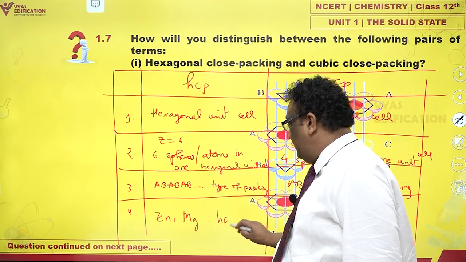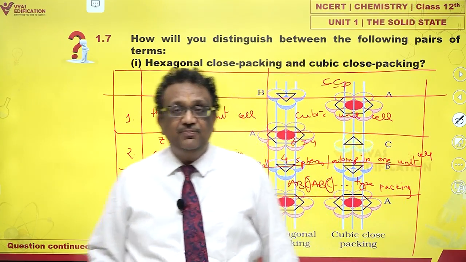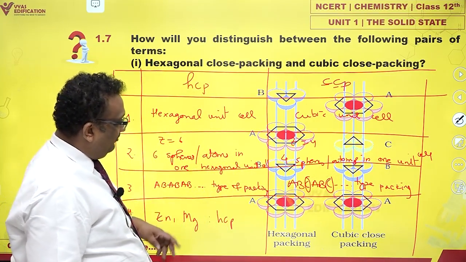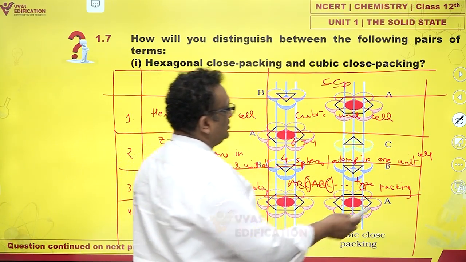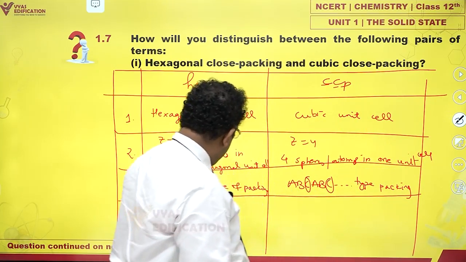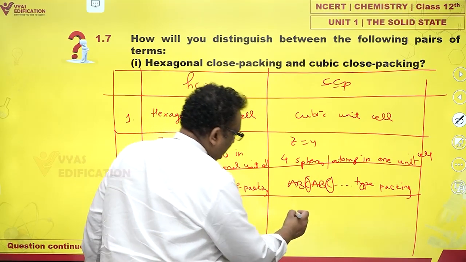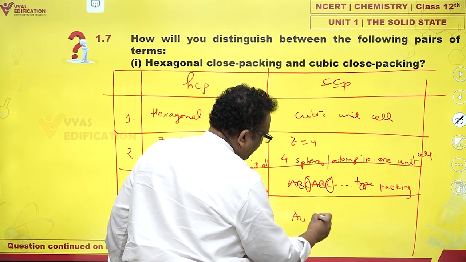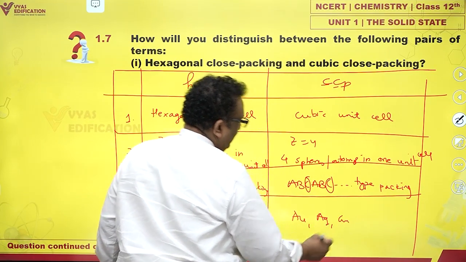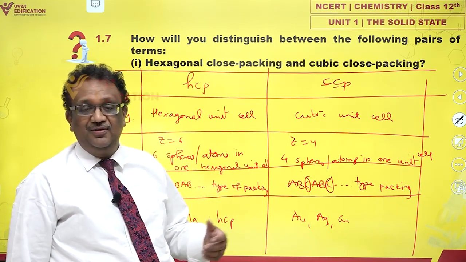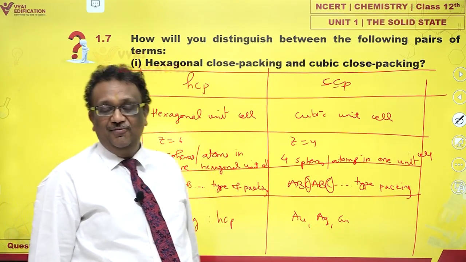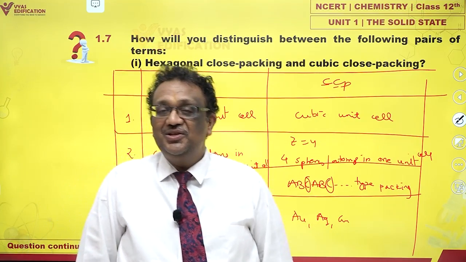They belong to HCP. Even graphite gives you an HCP structure. CCP structure could be gold, silver, copper metals. They crystallize in CCP structure. So yes, the fourth point could very well be this distinction.